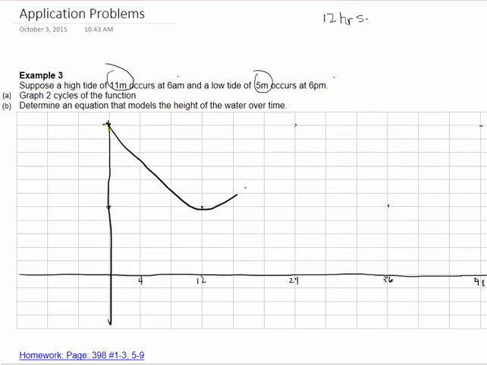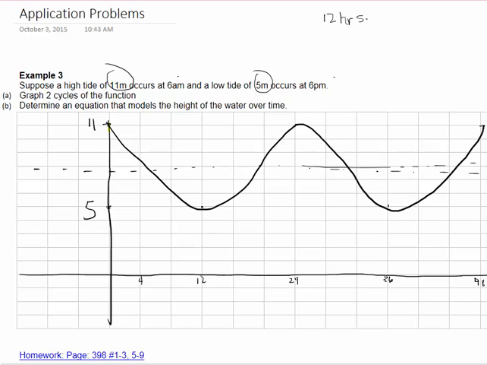So those were our points here. If you add your high and low, that's 11 and that's 5, which equals 16. So that means our equation of the curve happens at 8. Right in the middle there, that's on that line there.